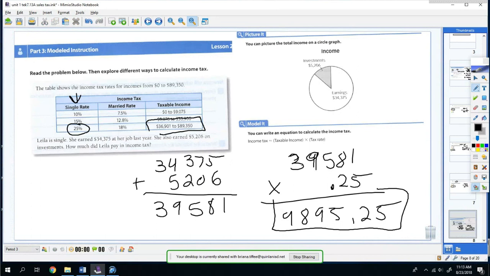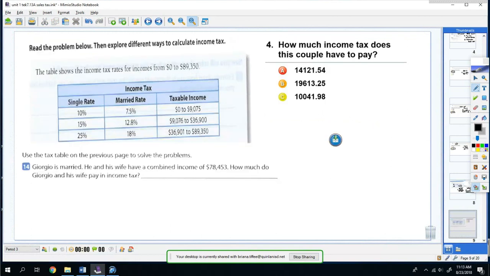Okay, I want you to try one on your own. Number 14 says he's married, and he and his wife had a combined income of $78,453. How much do he and his wife pay in income tax? Using the same income tax table, he's married, so we're looking at the married chart.